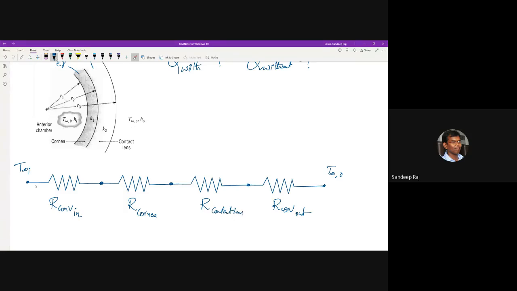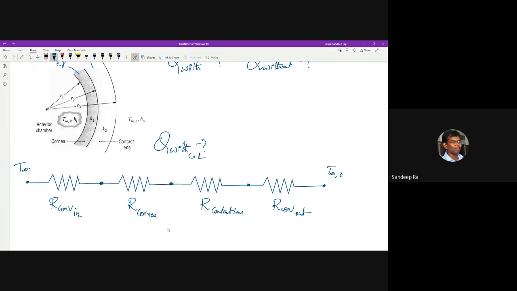Okay, these are the resistances, and you have to find them. What we are doing first is Q with the contact lens, so this is the resistance circuit for the case with the contact lens.